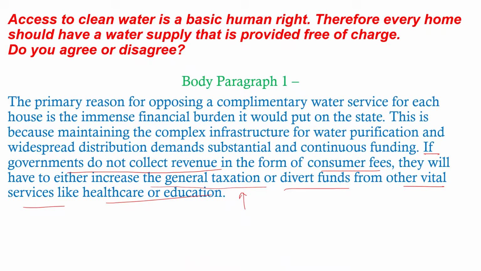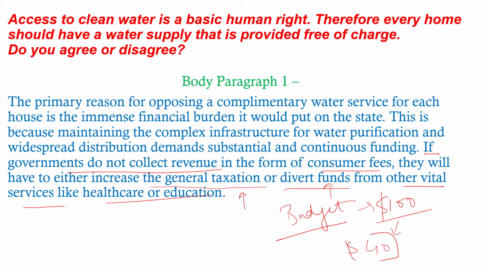Or the other thing that they can do is divert funds. Obviously we all know that budgets are fixed for governments. So if the budget is $100, for example, and you want to give free water, and that comes out to be $40, for example.